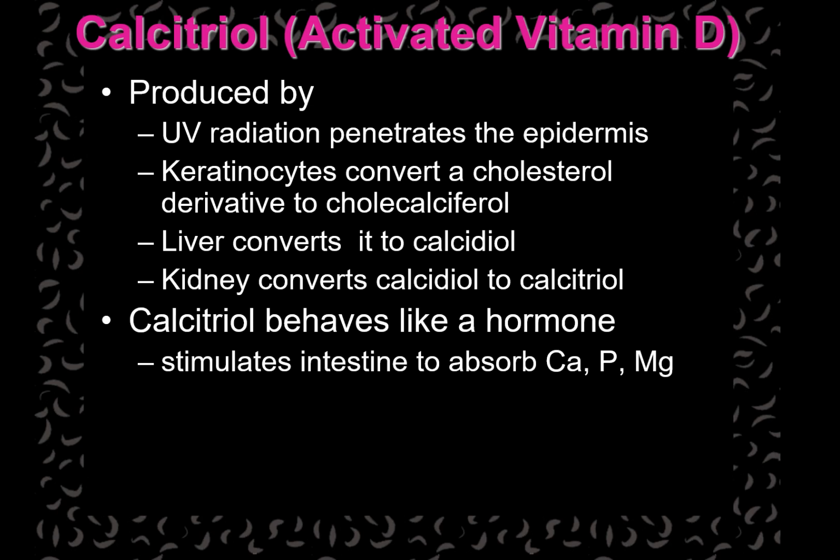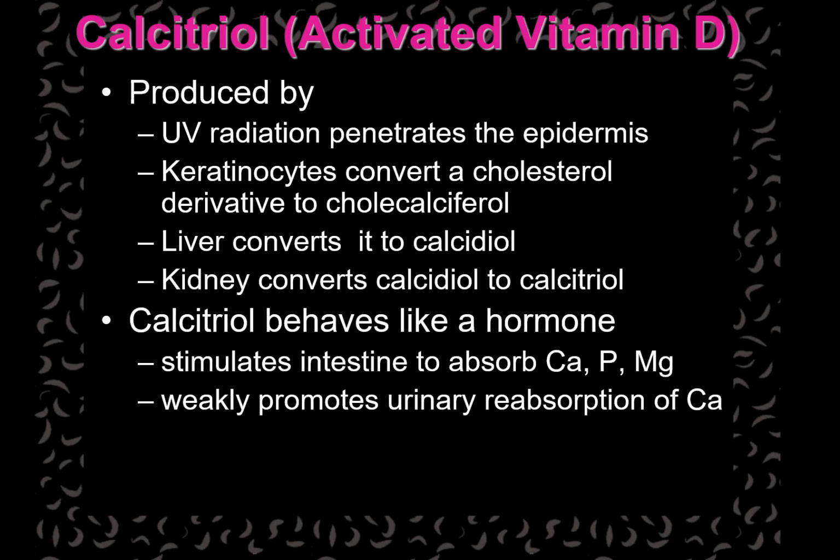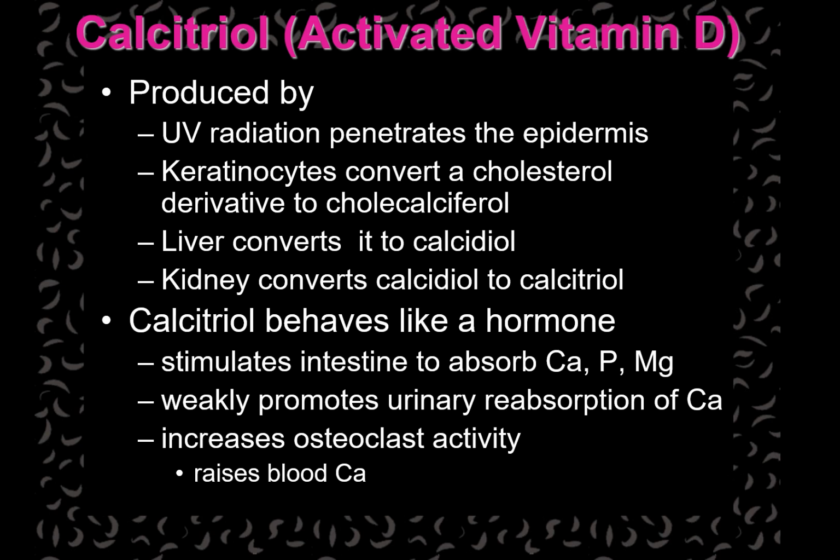That's what calcitriol does. It stimulates intestinal absorption of calcium, phosphorus, and magnesium. It weakly promotes urinary reabsorption of calcium, meaning we don't lose it in the urine. It increases osteoclast activity, which breaks down the bones, freeing up the calcium to be put back in the blood.